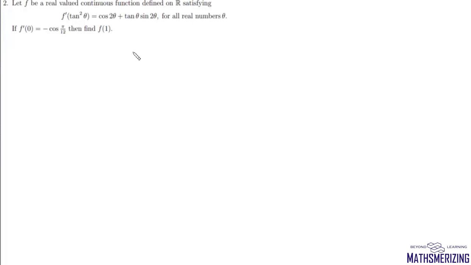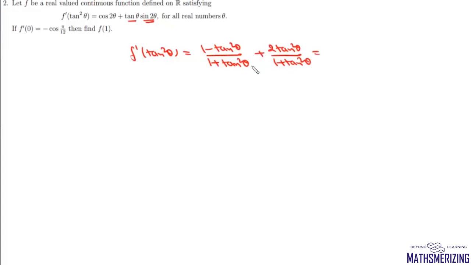So we know that we can write this expression as f dash of tan square theta, and cos 2 theta is 1 minus tan square theta upon 1 plus tan square theta, and here it is tan theta, and sin 2 theta is 2 tan theta upon 1 plus tan square theta. So it will be 2 tan square theta upon 1 plus tan square theta. So if we add them, it will be 1 plus tan square theta upon 1 plus tan square theta, which is 1. So we can write f dash of tan square theta is equal to 1.